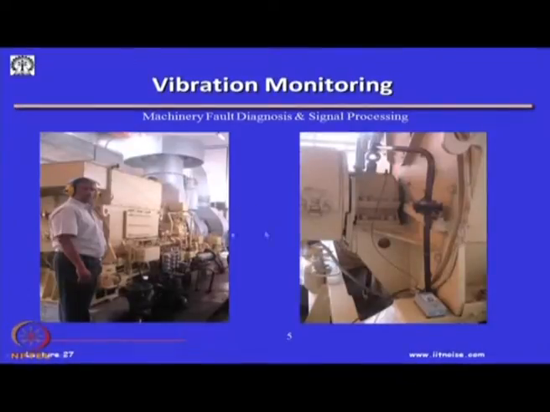This is another view, wherein we are monitoring the accelerometer by a uniaxial vibration monitoring. This is another view, and it is pretty noisy, so we have put in earmuffs here. It is a very noisy test environment, and you will see these are the chutes for the exhaust of the gas turbine.